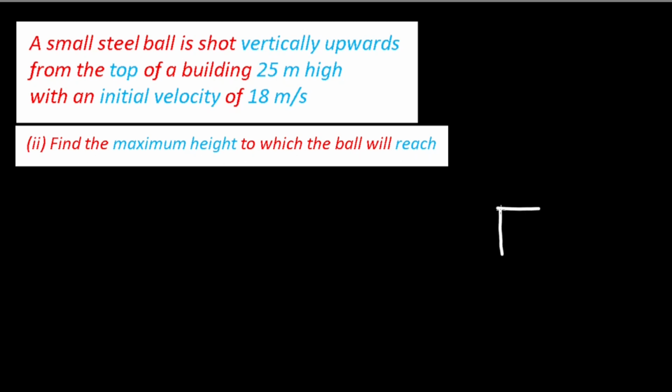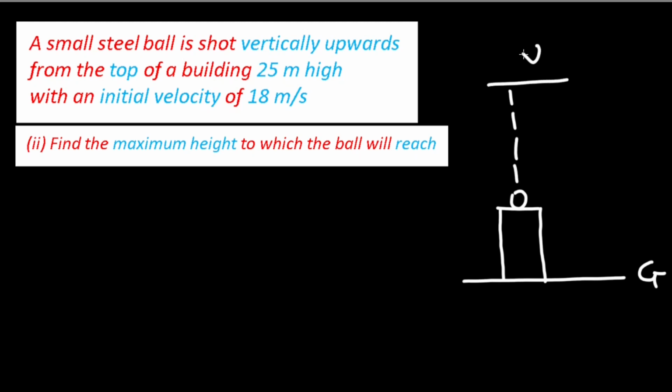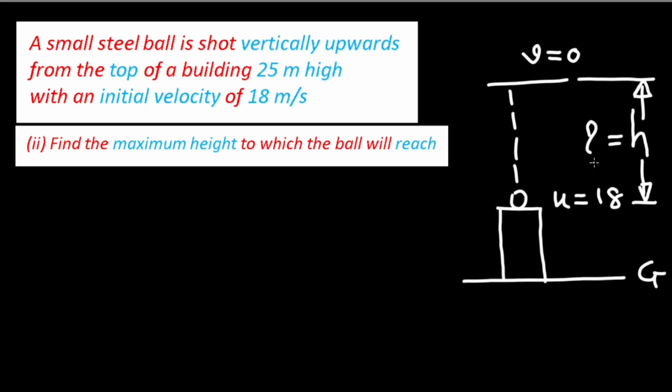In order to find the maximum height to which this ball will reach, we have to make use of the final velocity 0, initial velocity u, which is 18, so as to find the maximum height h.